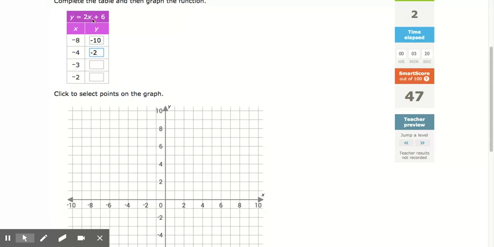So 2 times negative 3 is negative 6. Negative 6 plus 6 becomes 0. And then I have negative 2. Negative 2 times 2 is negative 4. Negative 4 plus the 6 becomes 2.